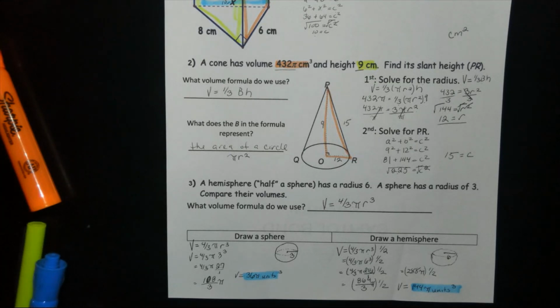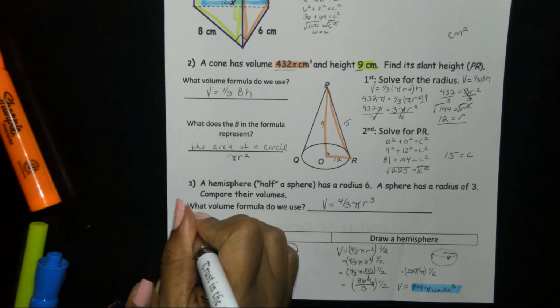So in doing so, how many times larger is one than the other? So when we look at the half of a sphere, we can see that it is actually 4 times larger than that of the sphere, and that is a good way to make a comparison and be done.